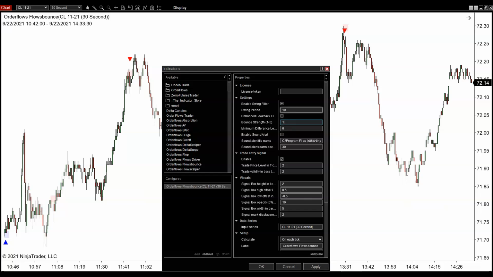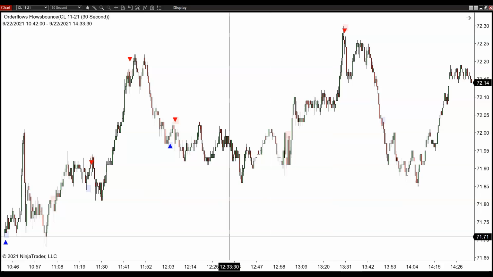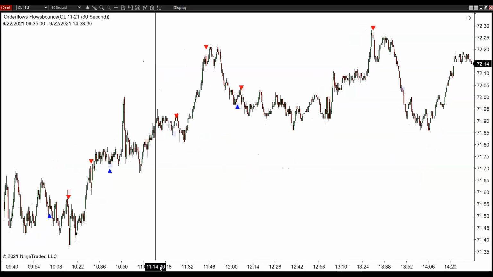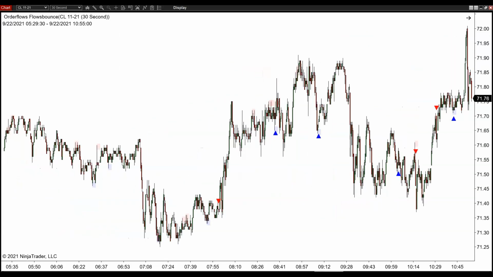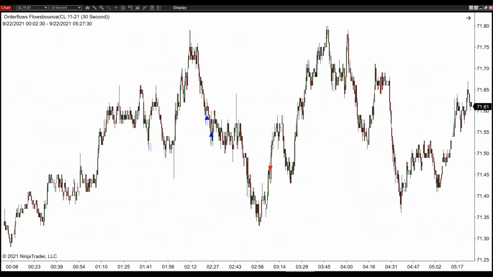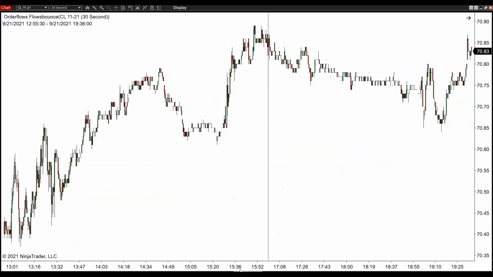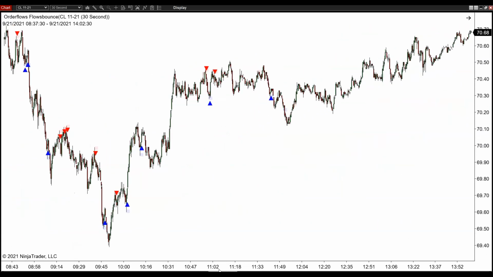So if you change it to 1 from 5, there should be a lot more signals, even though you have a swing filter, because now the bounce strength is much weaker. So is there more? Well, there are a few more, not a lot, because the filter of a swing period of 10 is going to remove a bunch of trades.